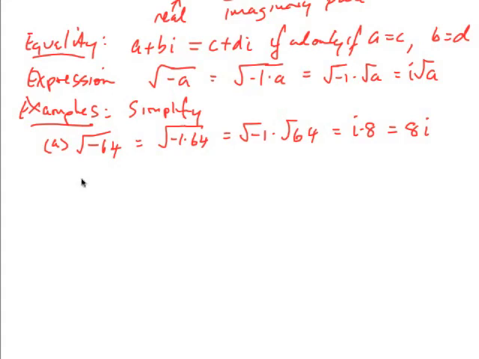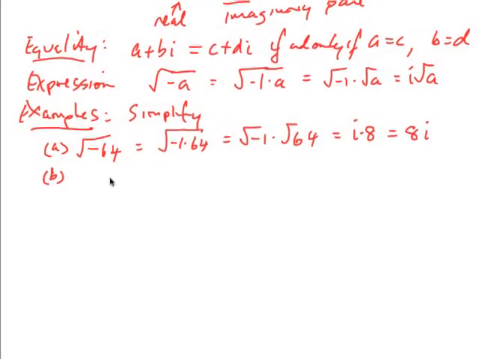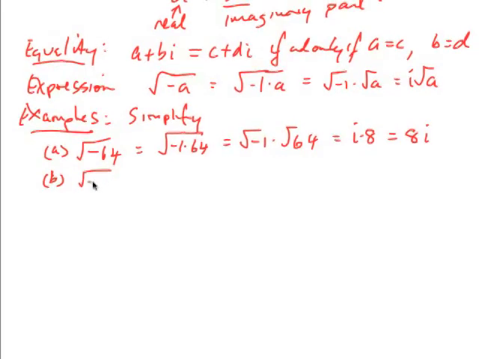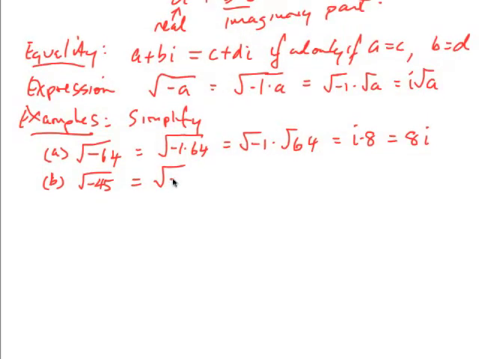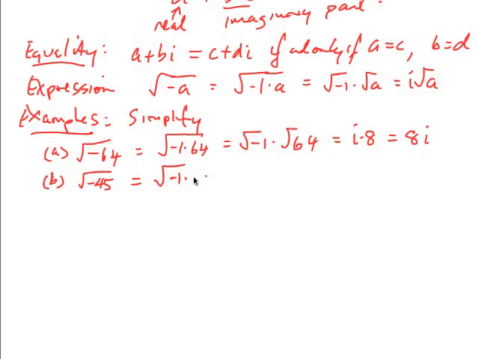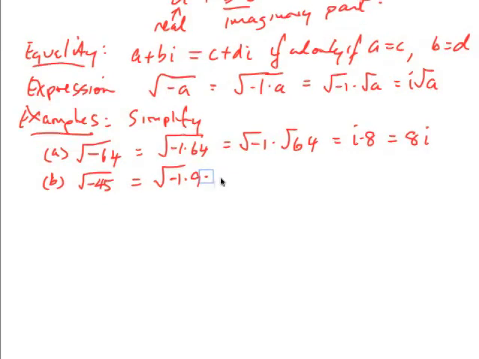Okay. What if we have the square root of negative 45? Well, this would be the square root of negative 1 times 9 times 5, since 9 fives are 45.